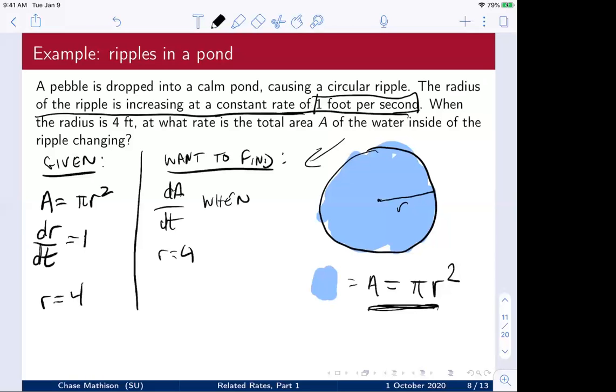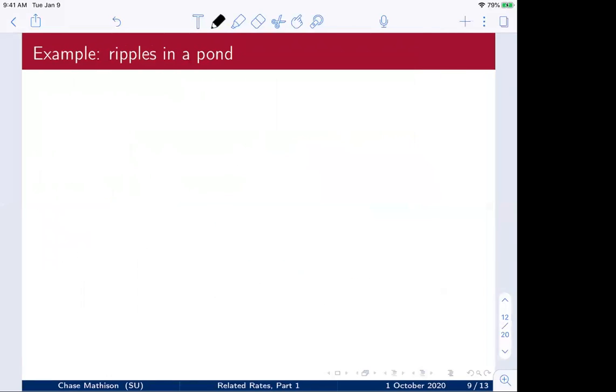But once you've done that, these problems all go the same way. So now, what should I do? I want to get dA/dt. So what should I do? Multiply both sides of A equals pi r squared by d over dt. Yes, exactly. Just to be clear, whatever helps you remember this step, I'm for it.